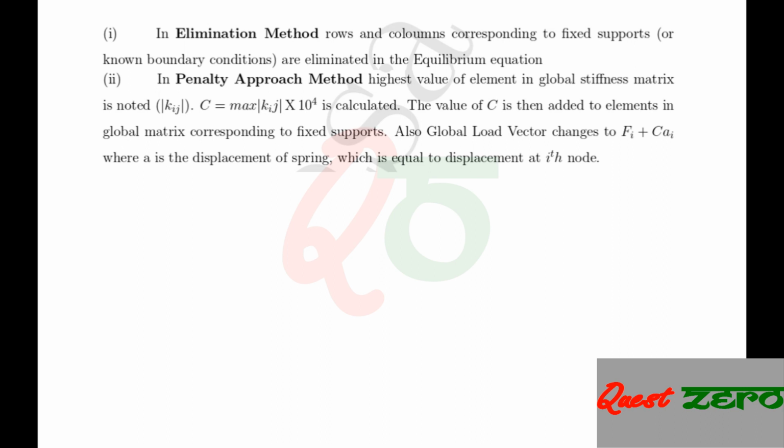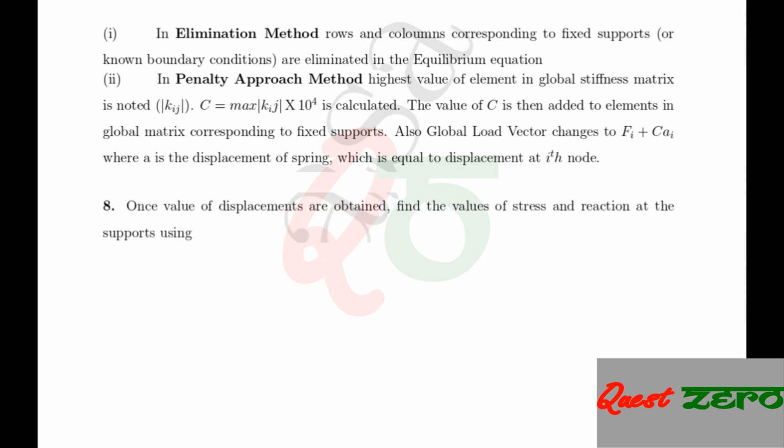Suppose F2 is the force that we know, we add C a2, where a2 represents the displacement at node 2. If it is fixed, then generally it will be equal to 0. Again, the penalty approach method, you will probably get a better idea when we take up the numerical examples.